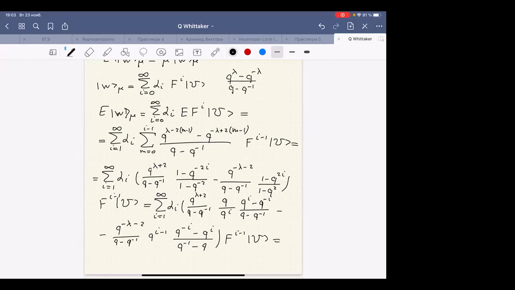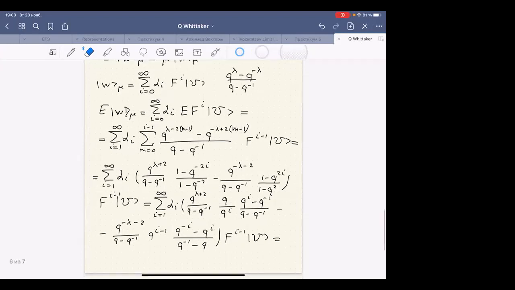And instead you obtain in your formula q to the lambda plus 2. Yes. So I guess the reason is hidden here. You shift by 1, but you should not shift. If you don't shift, you have no shift of lambda by 2. Yes, you're completely correct.